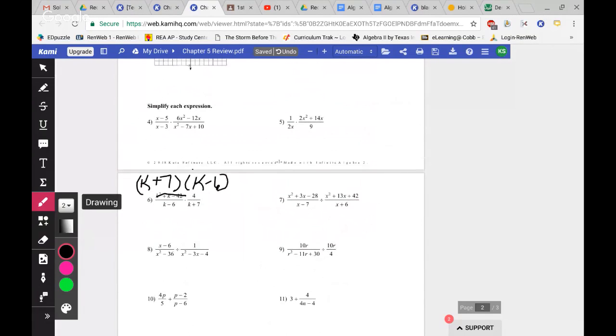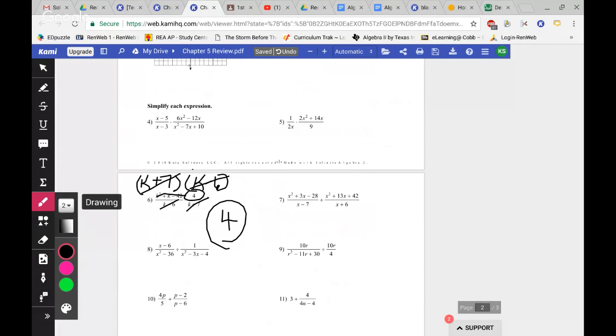Oops. That's what that one is. And so these actually cancel. And that cancels. And the only thing you're left with is a 4. And that's your final answer.